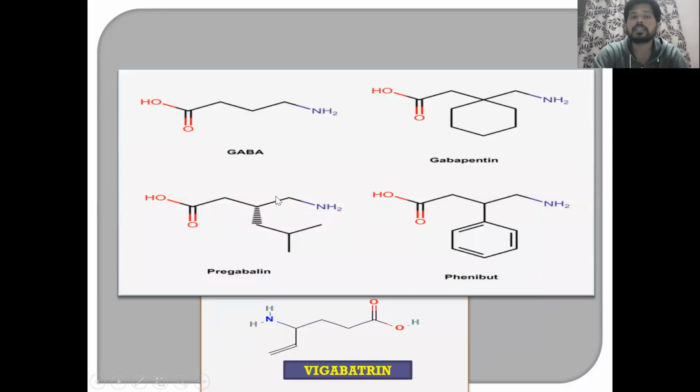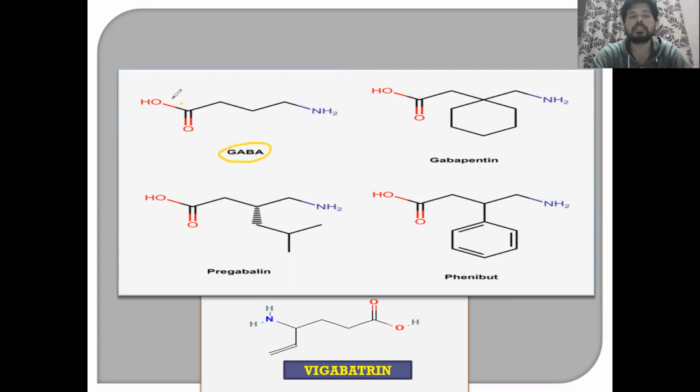Next, some of the other GABA analogs. Before that, we have to keenly observe the structure of GABA. This is not difficult, it is easy. GABA, gamma amino butyric acid, the name itself indicates gamma amino.